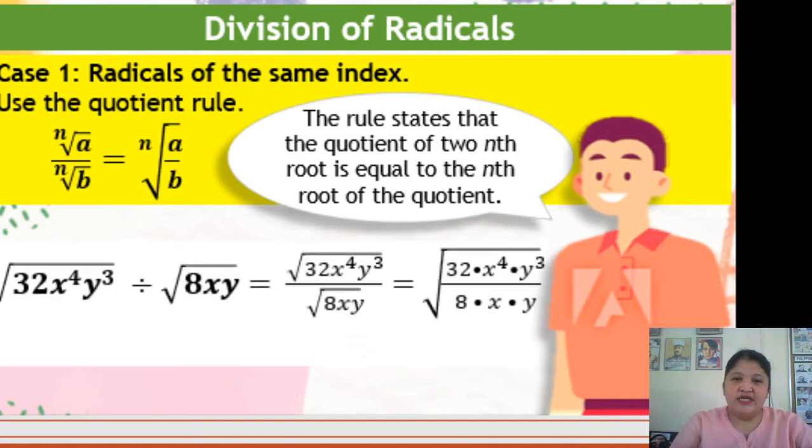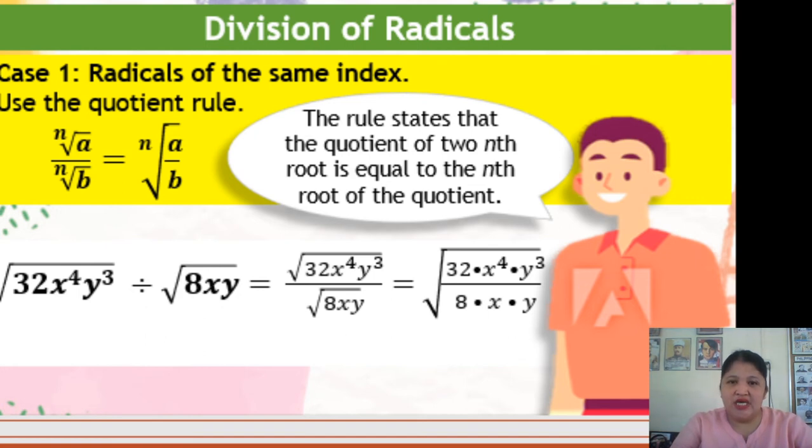So we have here an example: the square root of 32x to the 4th y cubed divided by the square root of 8xy. This can be written as the square root of 32x to the 4th y cubed over xy. So we are just going to divide them: 32 times x to the 4th times y cubed over 8 times x times y.